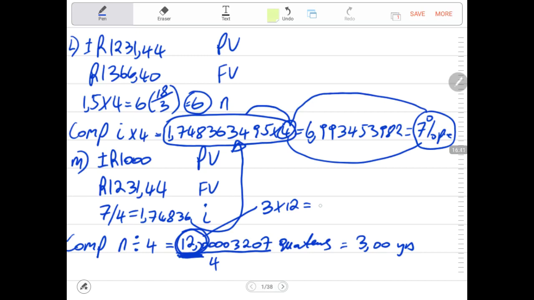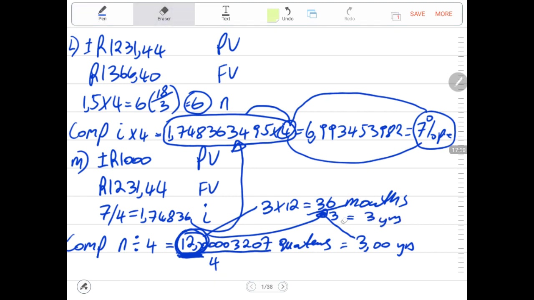So 3 times 12 gives us 36 months. So in other words, 12 quarters is equal to 36 months, and 36 months is equal to 3 years.